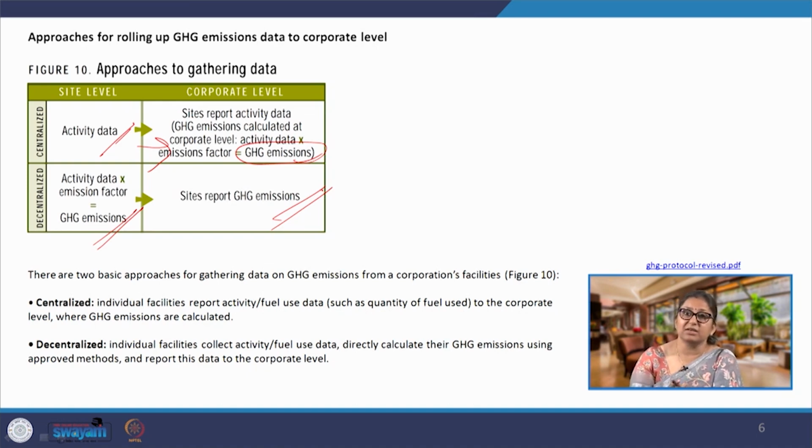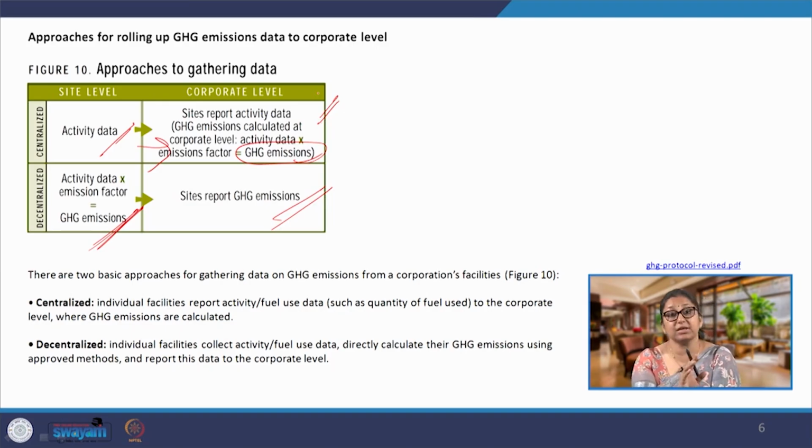Both have their advantages and disadvantages. Here in this case, we need people to be able to understand the data that is coming in and to convert it into emissions. So, we need more manpower here, centralized manpower. Here we would need decentralized manpower.